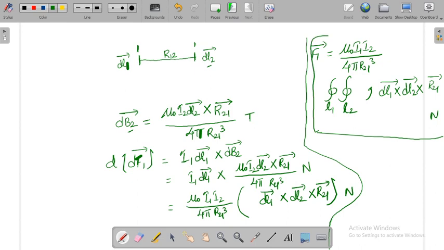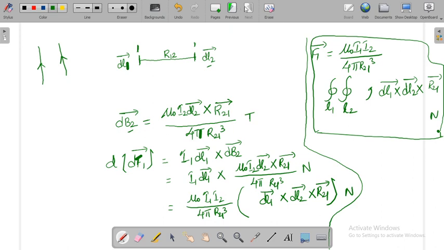In this way we can find the total force between the two current carrying conductors. If you understand this concept, then you can directly find the force between two parallel current carrying conductors, which is a very important concept and asked many times in competitive examinations. In order to find the force between them, we need to understand this concept.